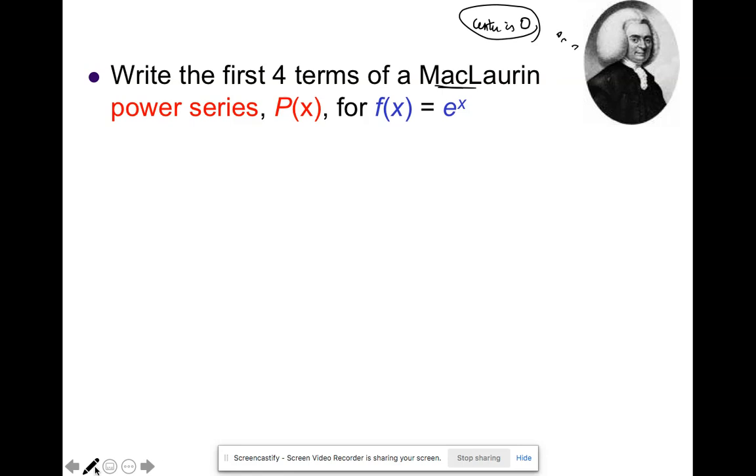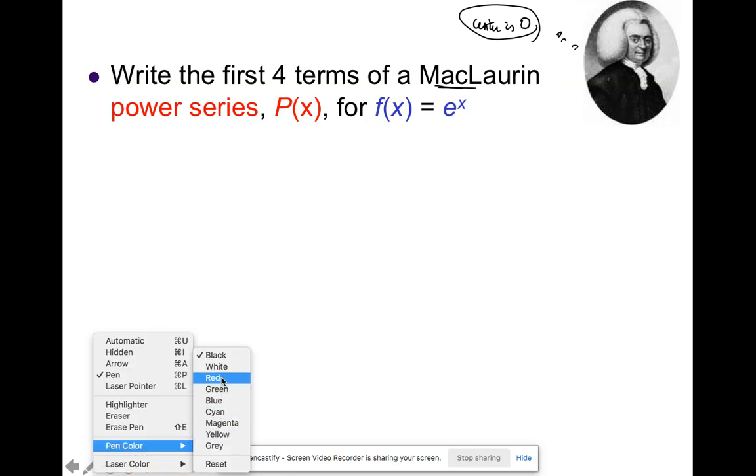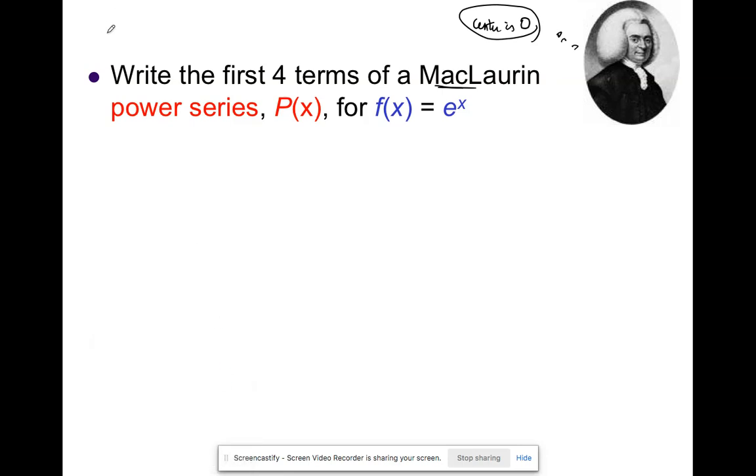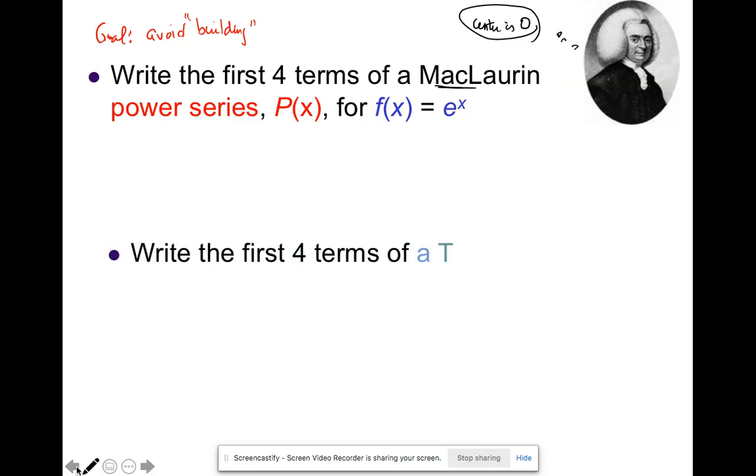So let's build this from scratch. And again, by the end of today, our goal is to try to avoid building from scratch, which means we want to try to find some patterns. So here we go.